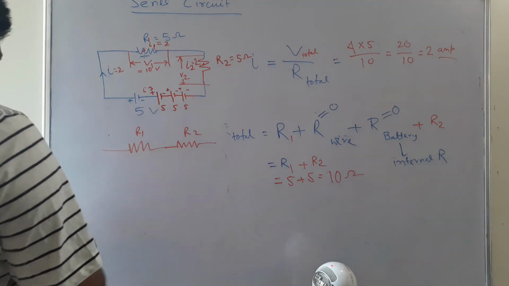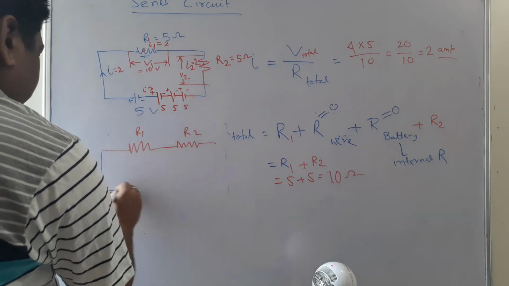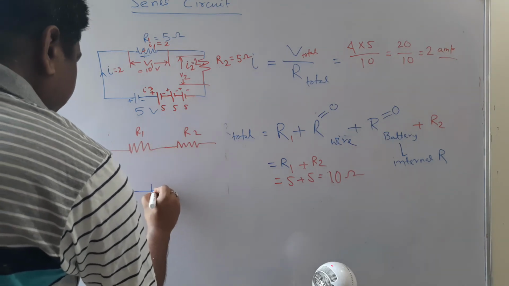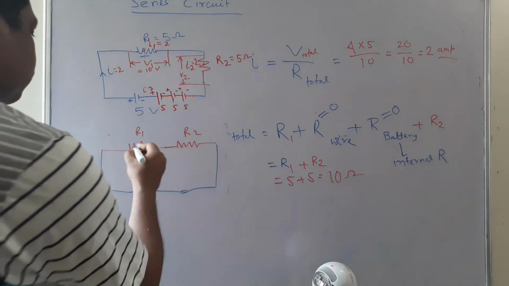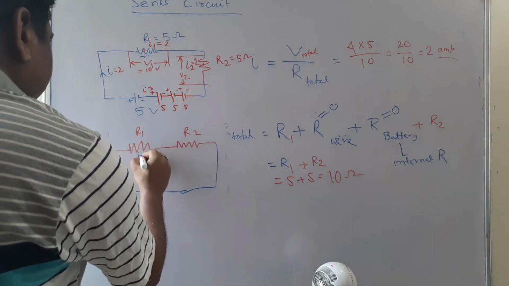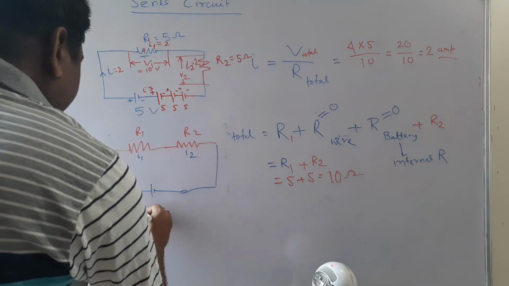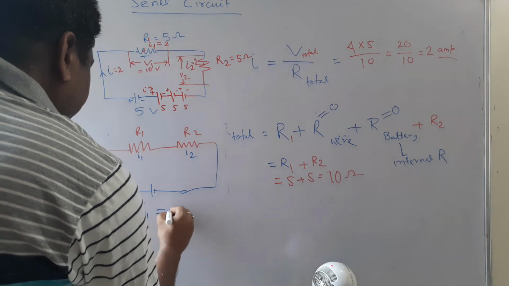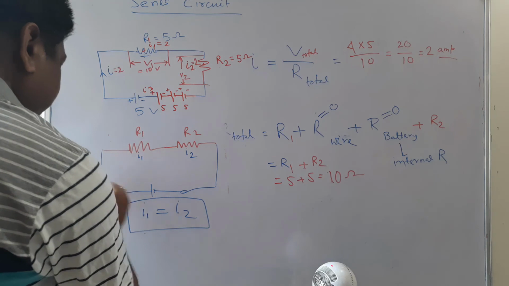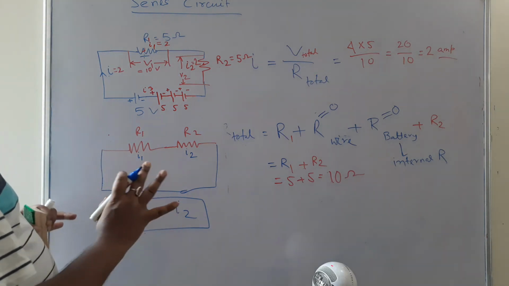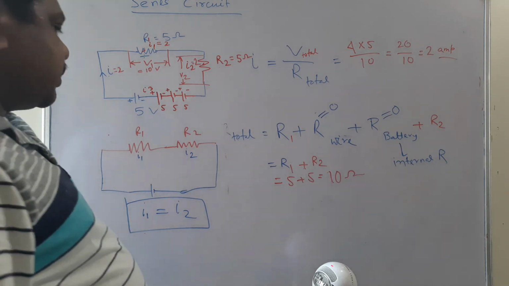Now if you add a voltage source with a wire, the current flowing through the resistances, I1 and I2, will be the same. Okay, so this circuit is called series resistance.